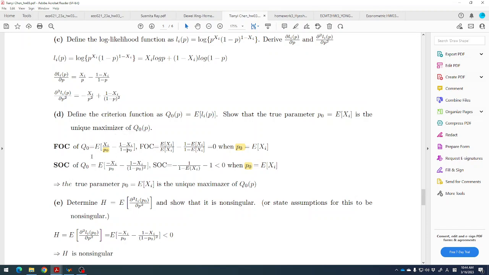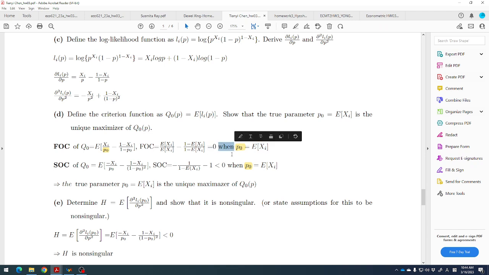The notation is not matched, and then suddenly it becomes the expectation of x, because P0 is the expectation. Here she had to say Q0 of P, a function of P, and then it should be P. When the argument equals this specific value, then the first order condition is satisfied.